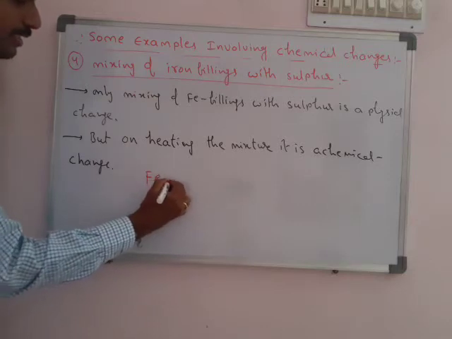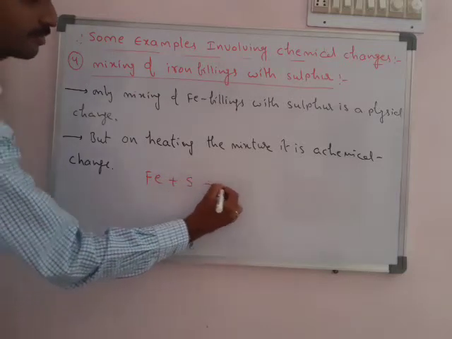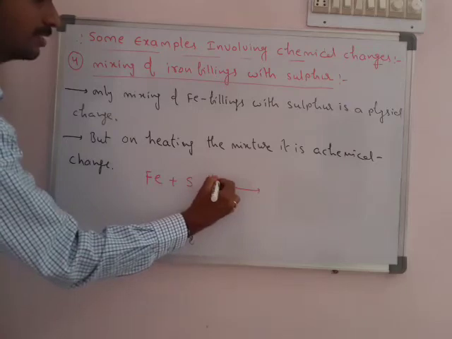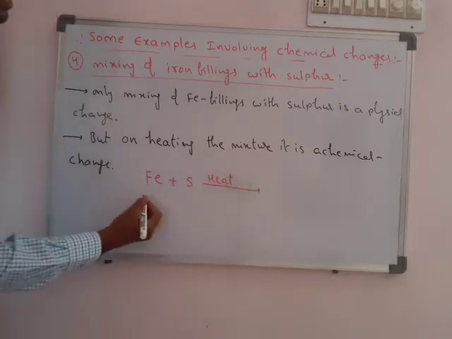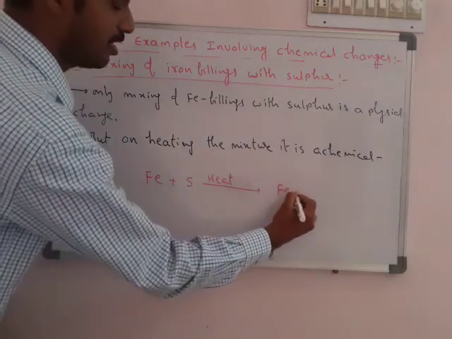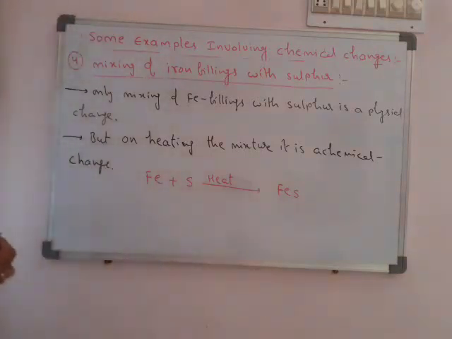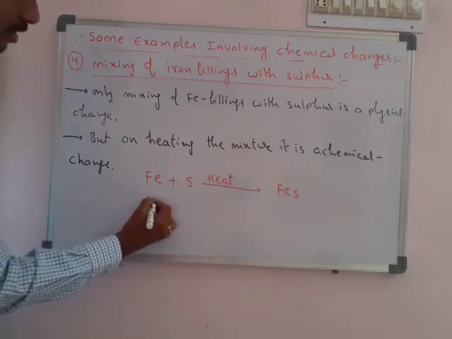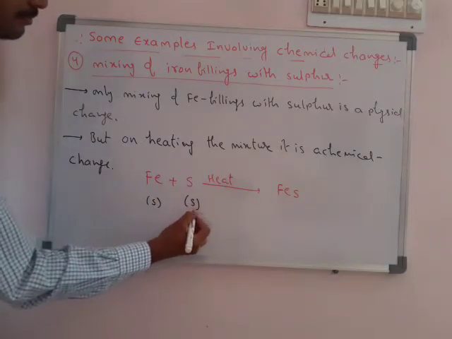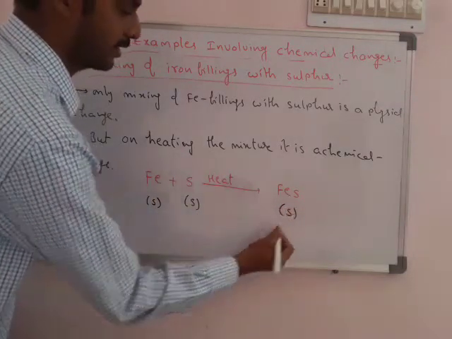So when iron and sulfur are mixed and heated, ferrous sulfide is formed. FeS. It's already balanced perfectly. Fe plus S. What are the physical states? All are in solid state.